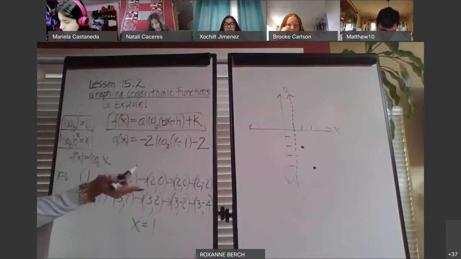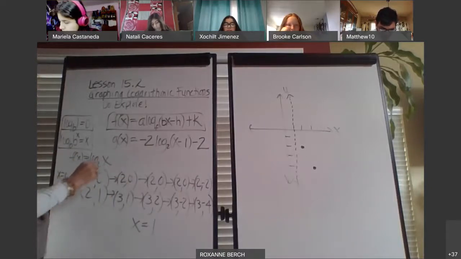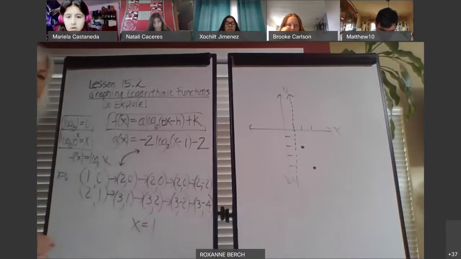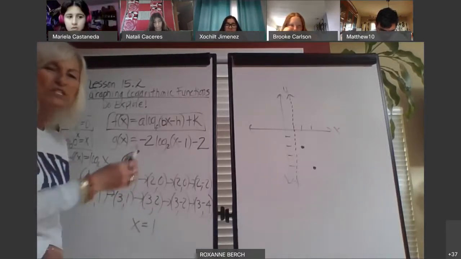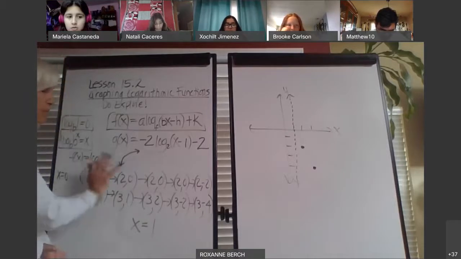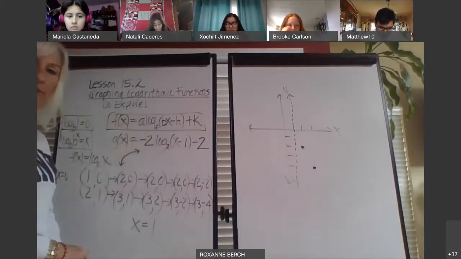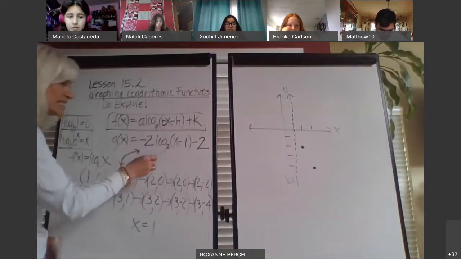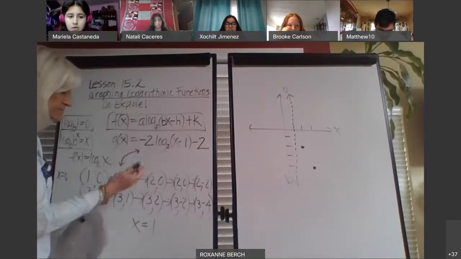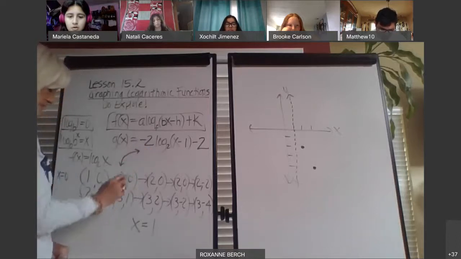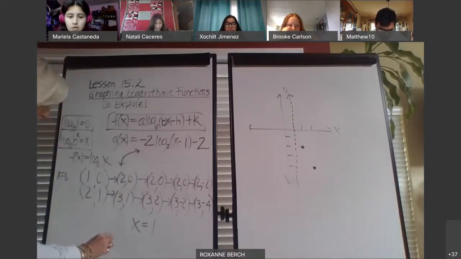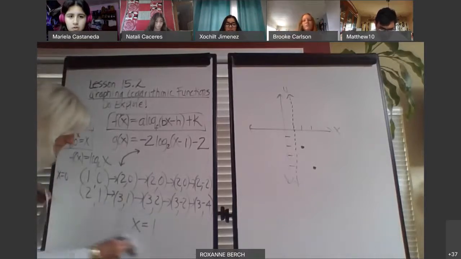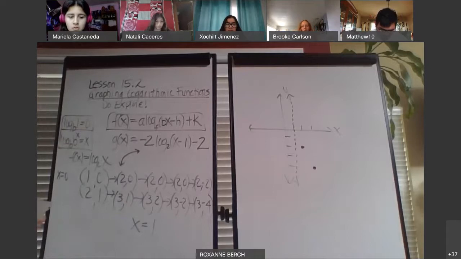Well, you want to remember that your parent logarithm always looks like this. It's sort of like square root, but it goes forever down. All right, so that was your parent. Remember, you reflected him over the x-axis. So if you reflect this over the x-axis, he should look reflected, right?